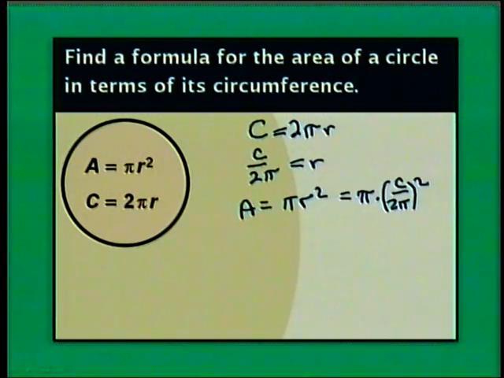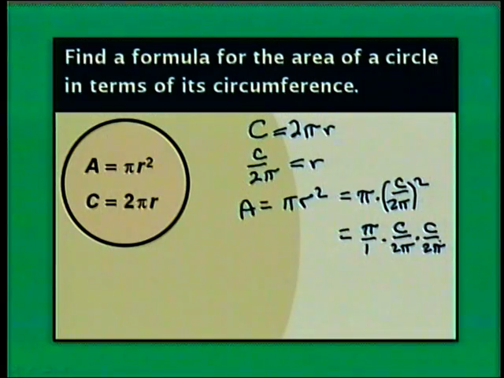You know what? I bet this formula simplifies a little bit. Let's see. What does C over 2 pi squared mean? It means that I am going to multiply 2 factors of C over 2 pi. Now again, habitually, I went ahead and wrote the pi as pi over 1 to help me think in terms of what's in the numerator and what's in the denominator.